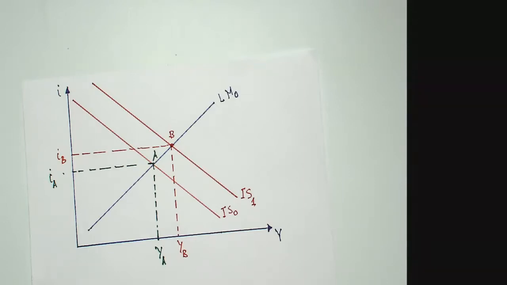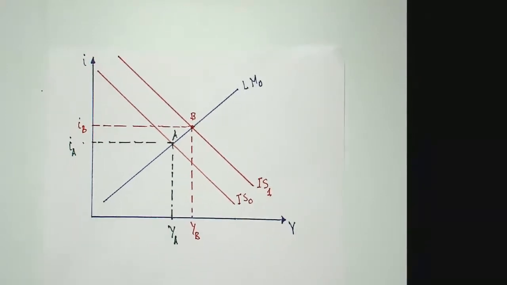We have already seen that if there is an increase in money demand, people would want to sell their bonds, and if they want to sell their bonds, there would be an excess supply of bonds on the market.